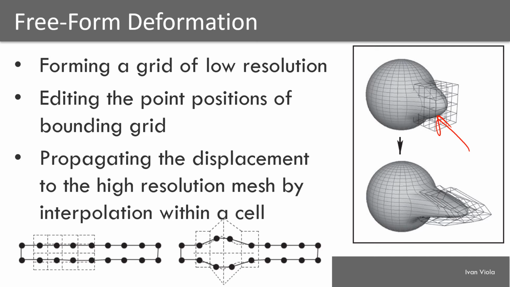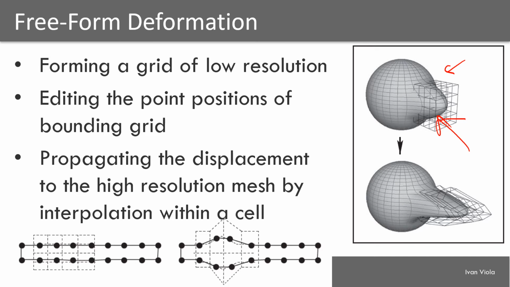Keep in mind that this freeform deformation object can itself be animated. Either its position is animated, or the strength of this displacement is animated, or the size of the freeform deformation grid or cell set can be animated.